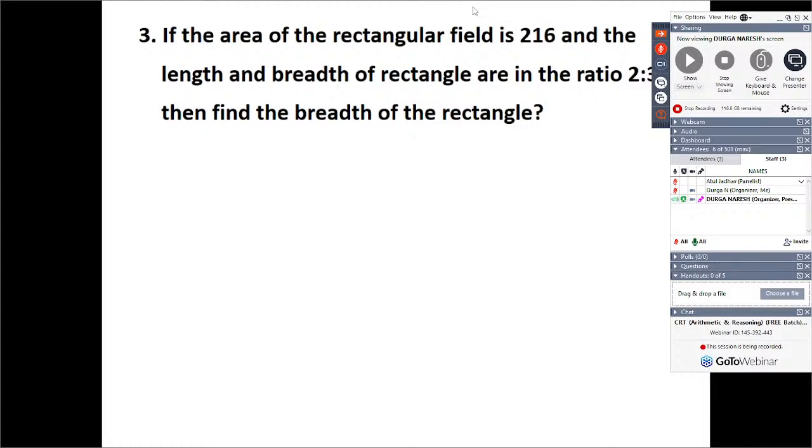Am I clear of you? So 2x comma 3x, the area of the rectangular field is 216 means L into B. So 2x into 3x is equal to 216. From that you have to find the x value. Do it fast.